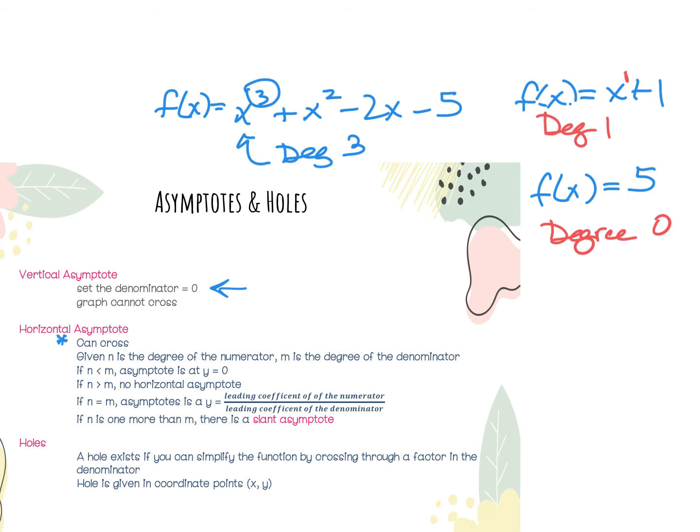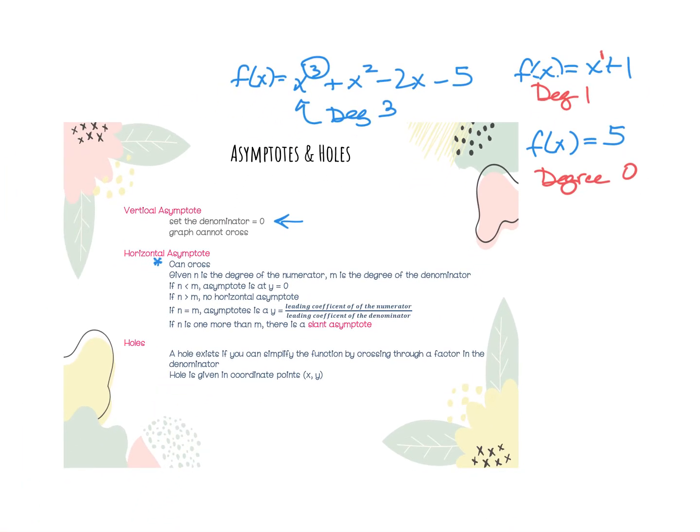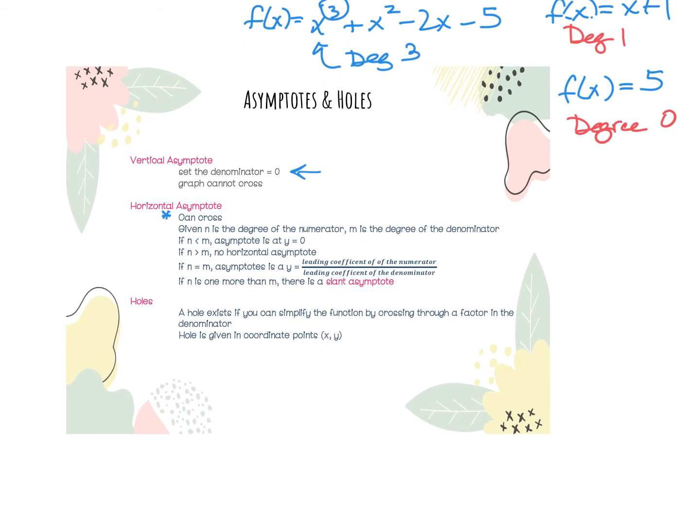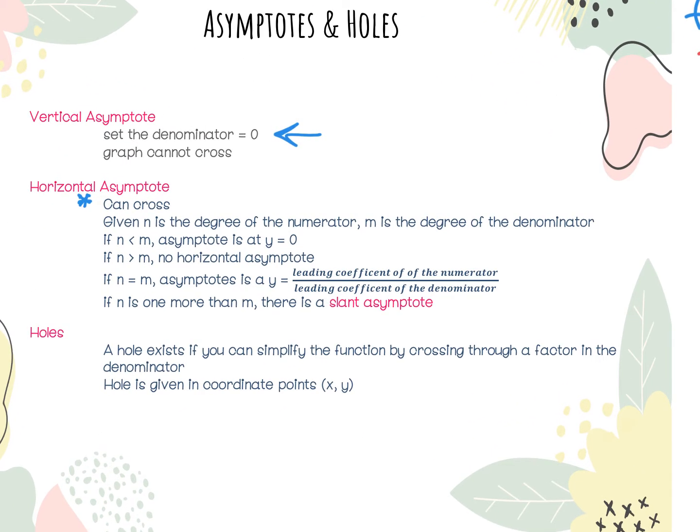What's important is being able to identify the degree of the numerator and the denominator in order to figure out our horizontal asymptote. So let's go ahead and see the 3 different scenarios. Once it's in standard form and you have it from the biggest exponent down to the constant, in this explanation, n is the degree of the numerator, and m is going to be considered the degree of the denominator.